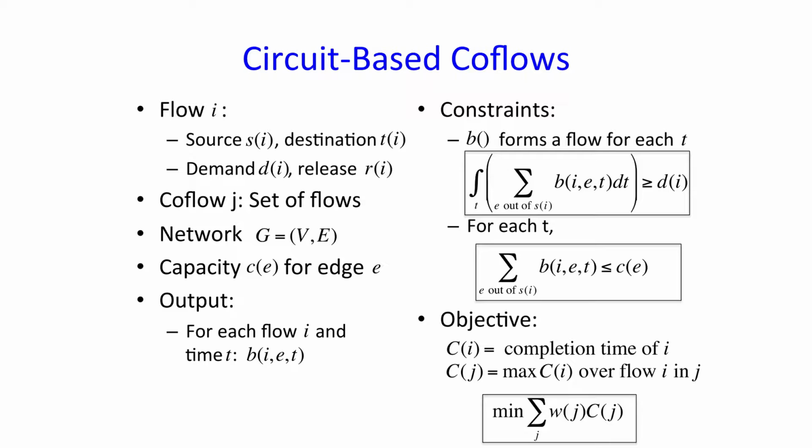Your bandwidths should form a flow for each t from a source to destination. It needs to satisfy the demand. Since this is a continuous function, it needs to satisfy the demand taken over the entire time. It should always be a flow, so you should never exceed the capacity. You have some completion time, and you want to minimize the completion time. Don't worry too much about the notation here because we're not going to delve deep into it.